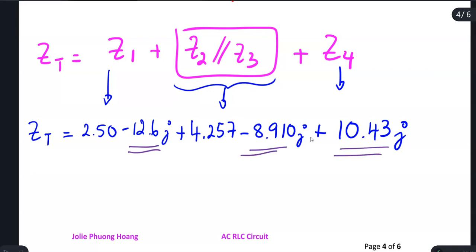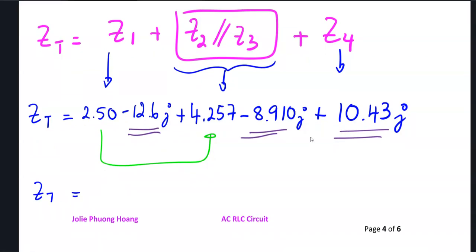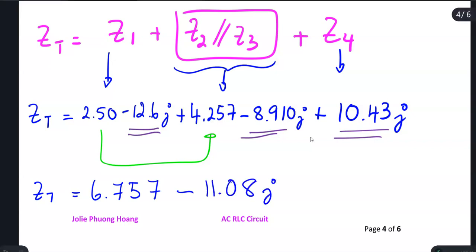Alright, so now we are going to see if we can collect like terms. So these are the like terms. And what we do is we are going to add these. And my final answer should be Z total is equal to 6.757 subtract 11.08J.